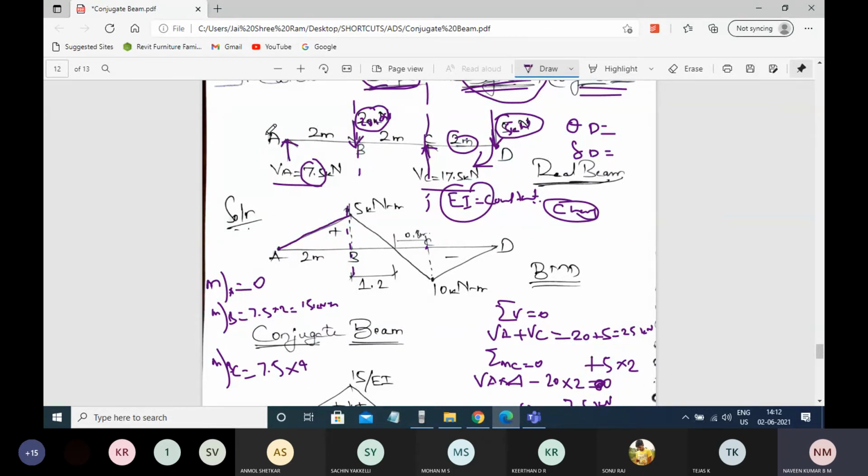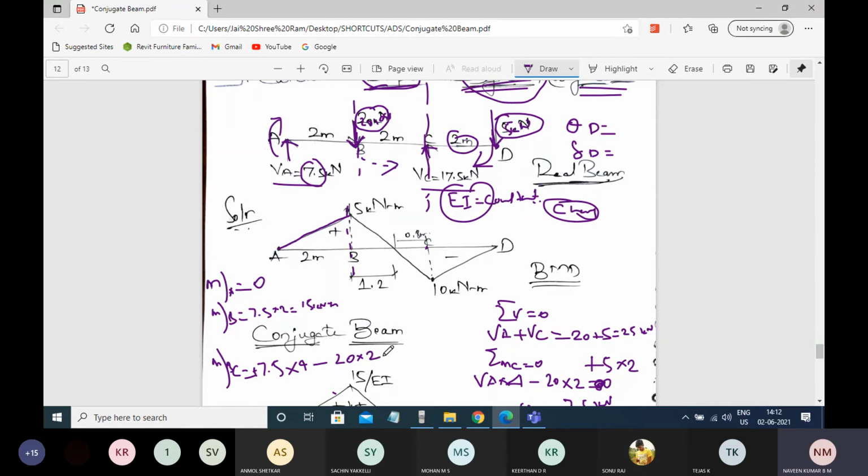Just check the rotation of this particular point load, it is clockwise. So positive 7.5 times 4, and then minus. Why minus? This particular load to reach C is rotating anti-clockwise, so minus 20, and to reach C the perpendicular distance required is 2 meter.